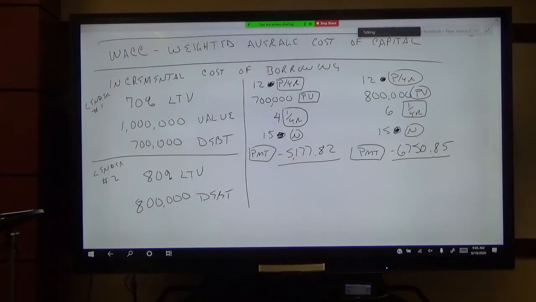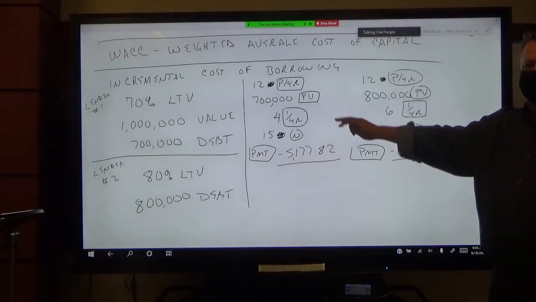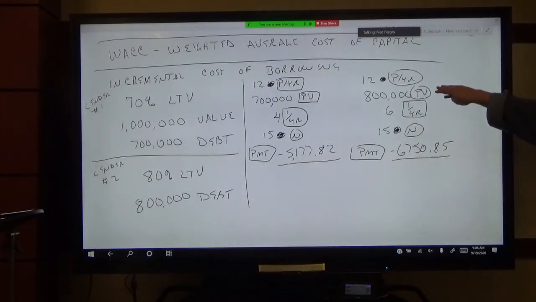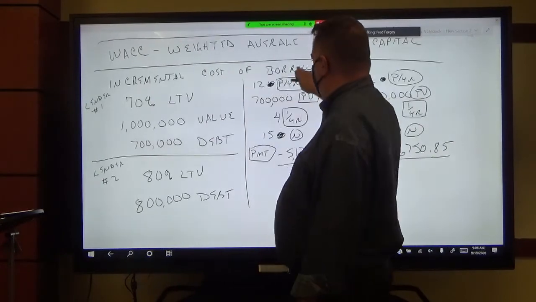I always think it's better to have the lesser payment, a lower payment. Okay, yes, you have a lower payment, but yet you're borrowing less money. Over here, more payment, more money, but it's also got a higher interest rate. Now, the question on this is what is referred to as the incremental cost of borrowing.